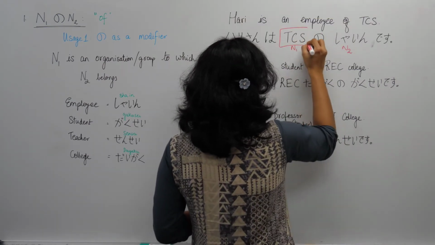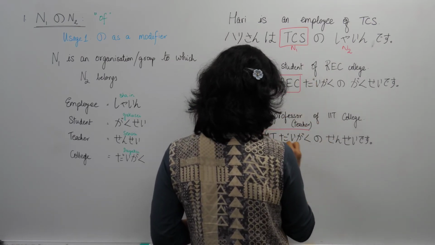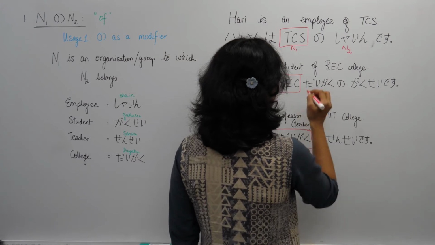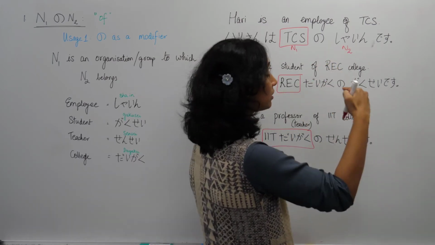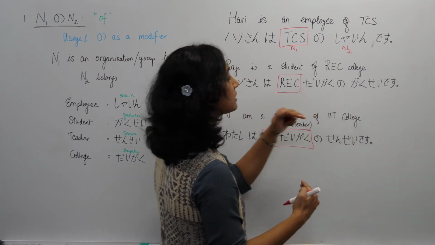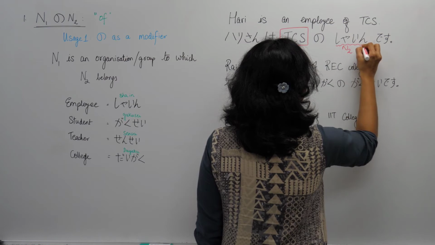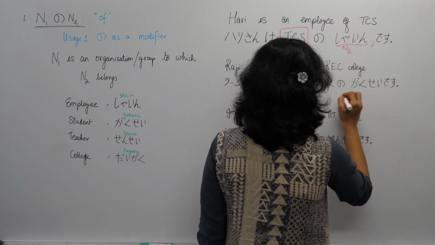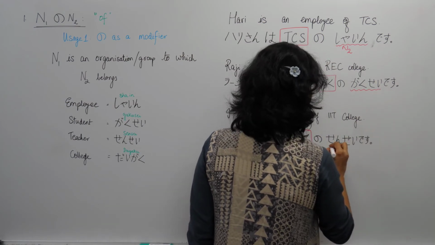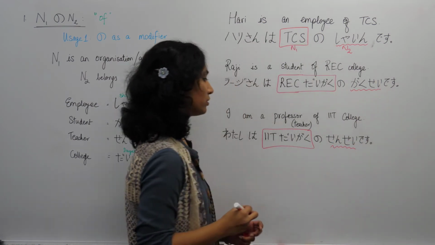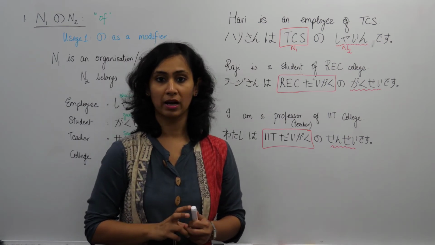So here, this is the organization name to which N2 belongs, and in what rank or what status they belong. In the first case it is employee, shain. In this case it is gakusei, as a student, and in this case it is as a teacher. So this is about the application of the no particle.